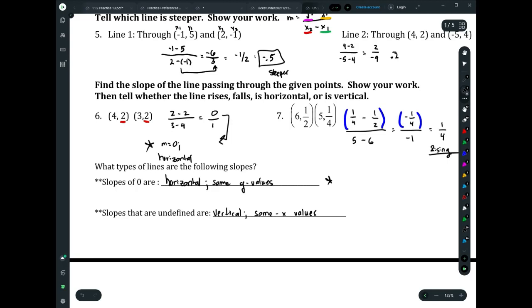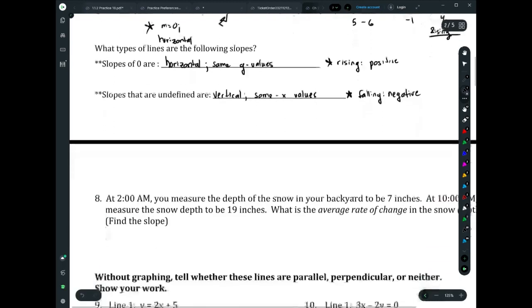Some other slopes to remember, just rising, they are any positive numbers, and falling are negative. Okay, so that's slope in a nutshell.